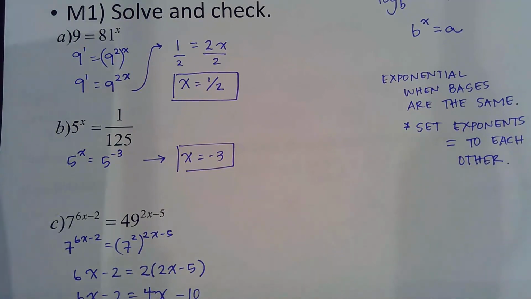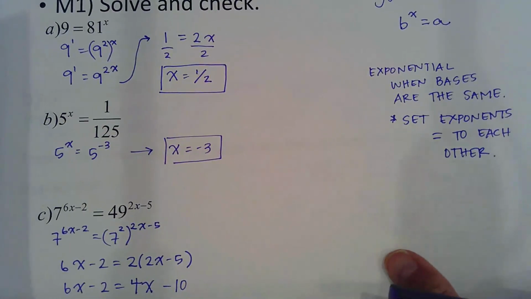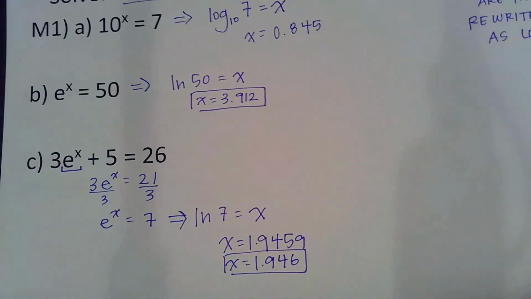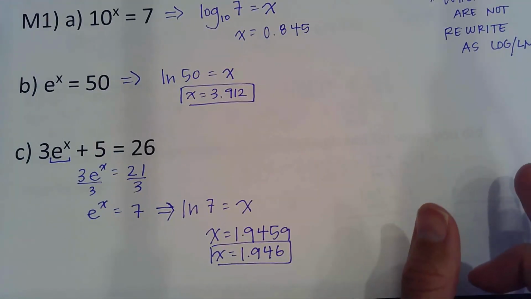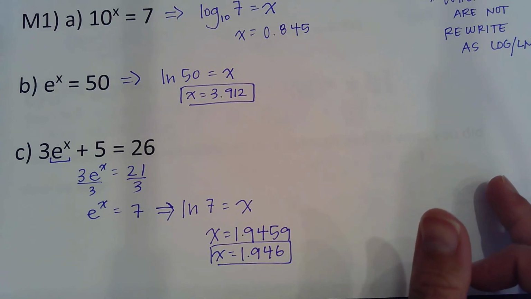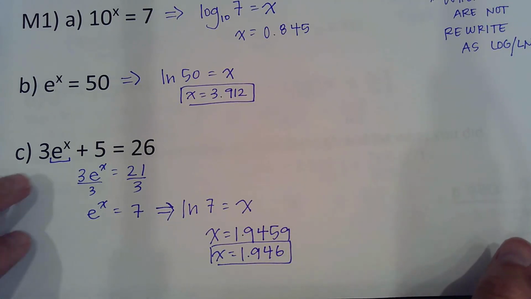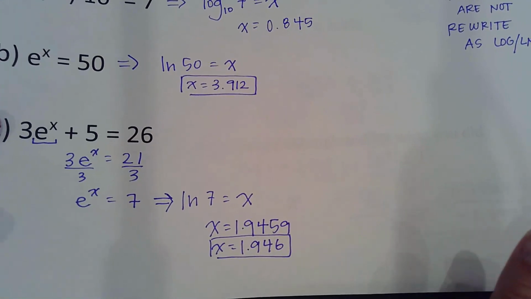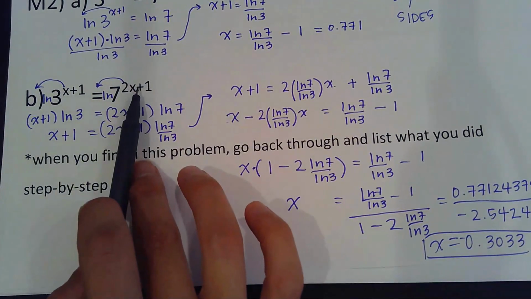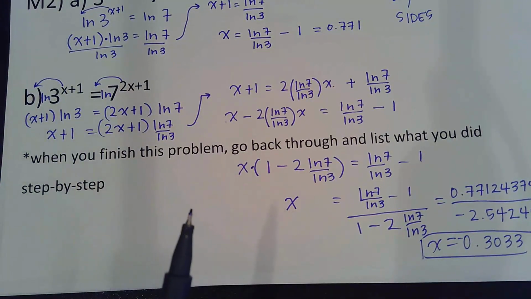If the bases are not the same, we can rewrite the exponentials as logs and solve from there. If I've got two bases with different exponents, then this is when we can take the natural log of both sides. Okay, so that is solving exponentials. The next one is going to be solving log equations.